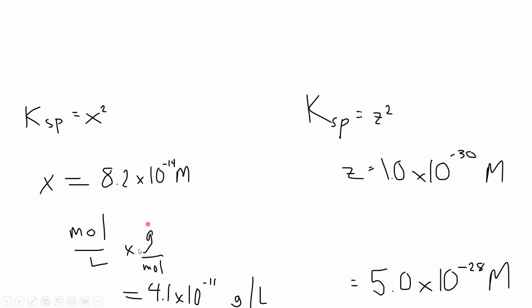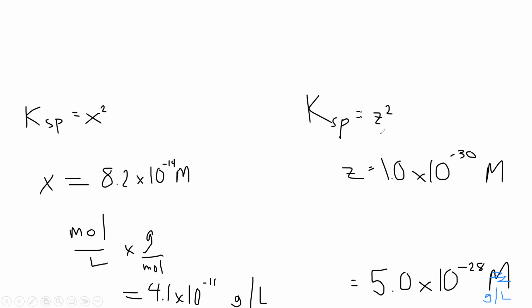Those are going to cancel. We'll just be left with grams on top, liters on the bottom. That's going to be the unit we want for solubility. Oops, I messed that up, so this should be grams per liter as well. So for the original substance, we see a solubility of 4.1 times 10 to the negative 11th grams per liter. So a very, very small number.